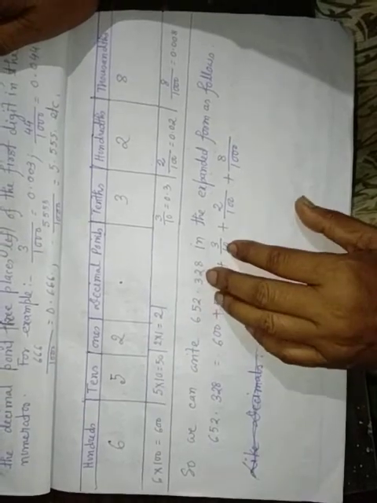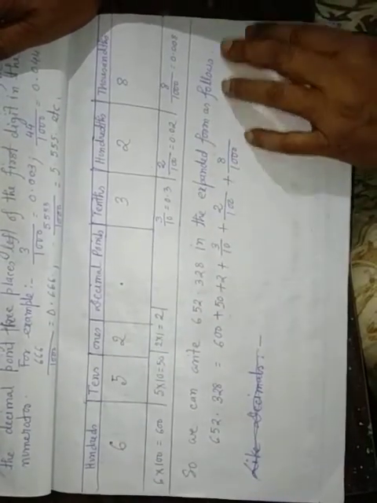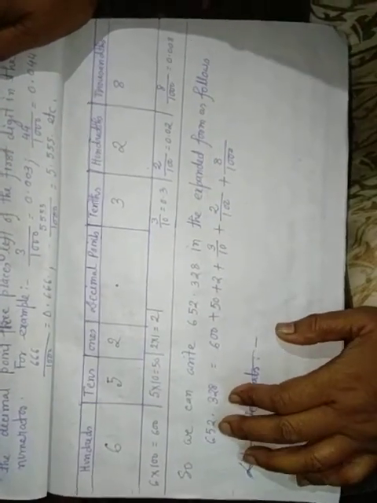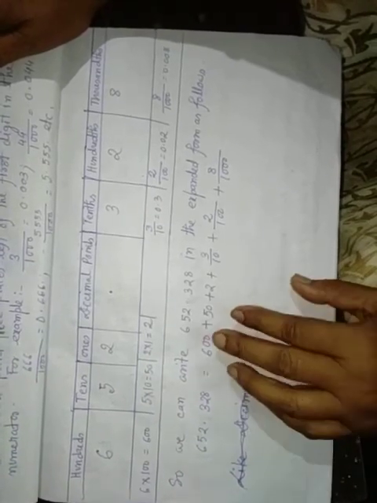So we can write 652.328 in expanded form as follows: 652.328 equals 600 plus 50 plus 2 plus 3 by 10 plus 2 by 100 plus 8 by 1000.